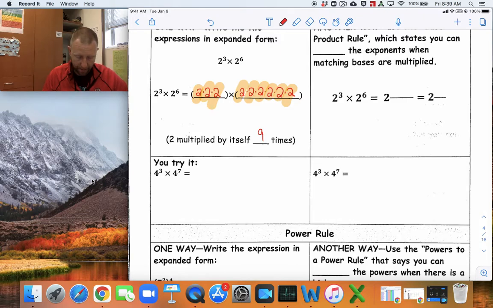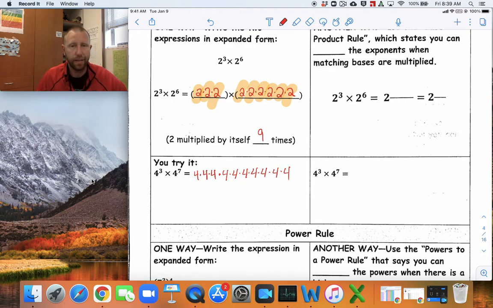It's going to be 4 times 4 times 4, right? Use that 4 3 times. That's what 4 to the power of 3 means. Times 4 to the power of 7. So use 4 7 times. So 1, 2, 3, 4, 5, 6, and 7.